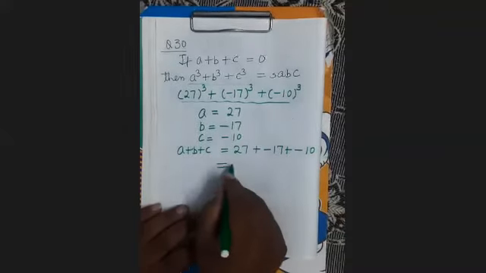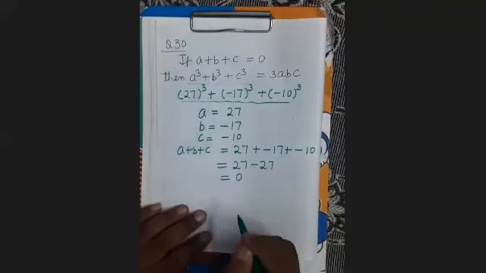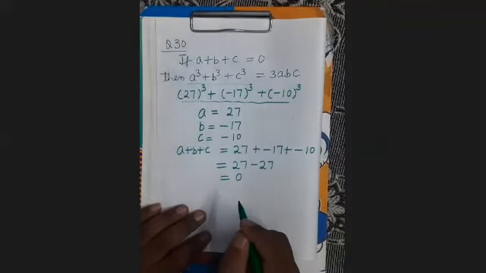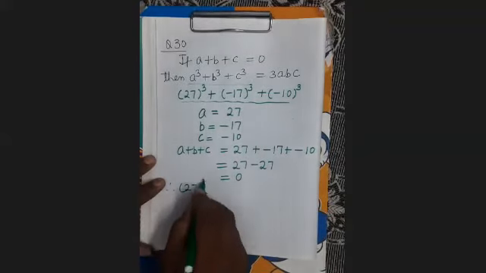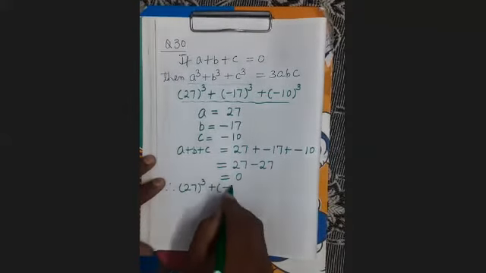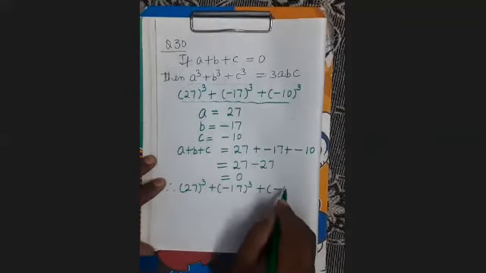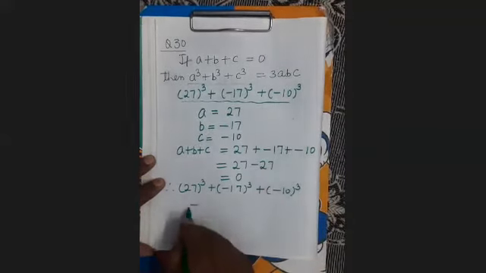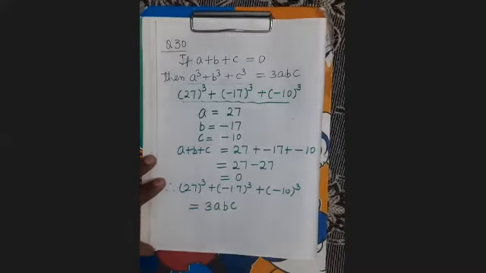When you simplify, 27 minus 27 is 0. It is clear? Therefore 27 cube minus 17 cube minus 10 cube is equal to 3abc.